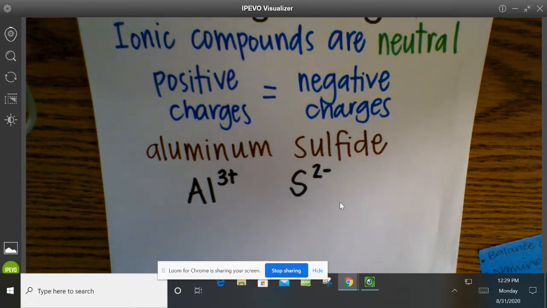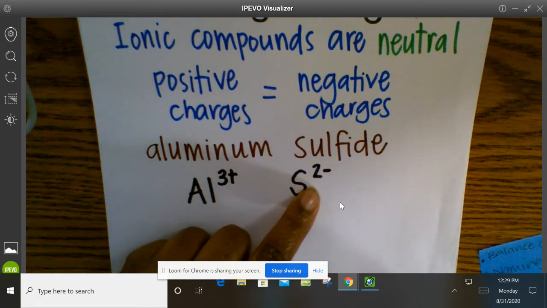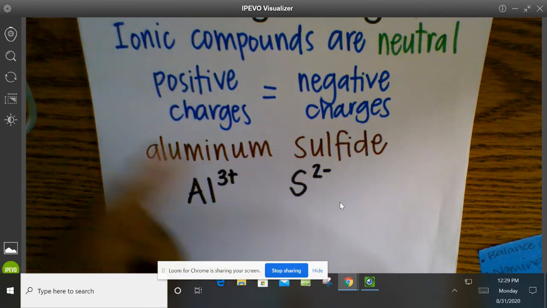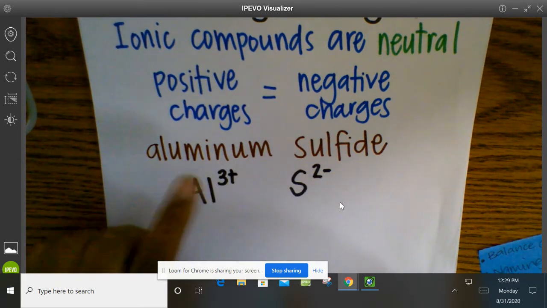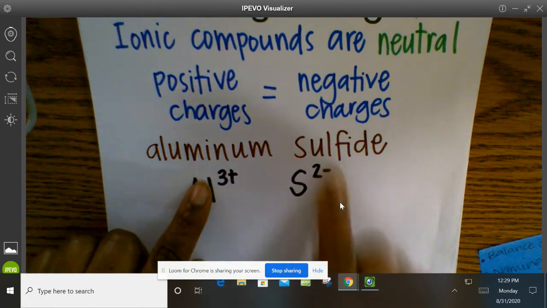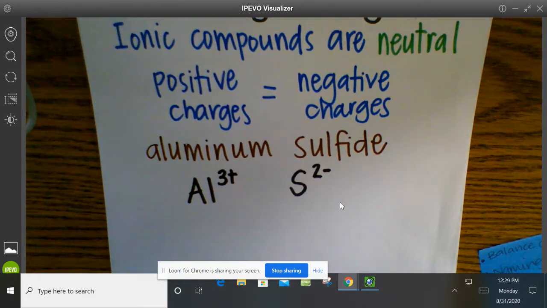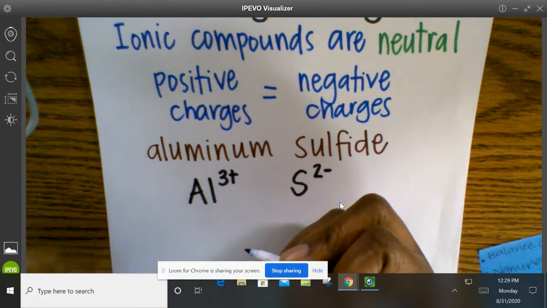When I'm looking at 3 and 2, I look at something called the least common multiple. And between 3 and 2, it is 6. So if I can get aluminum to 6, and if I can get sulfur to 6, then I should be okay. Now, how am I going to do that? Well, aluminum, we already have one of them and it's 3 plus.